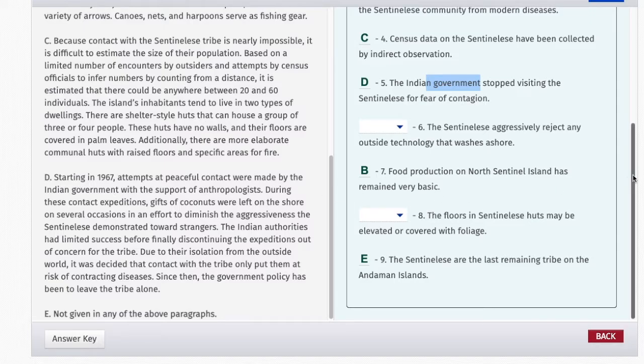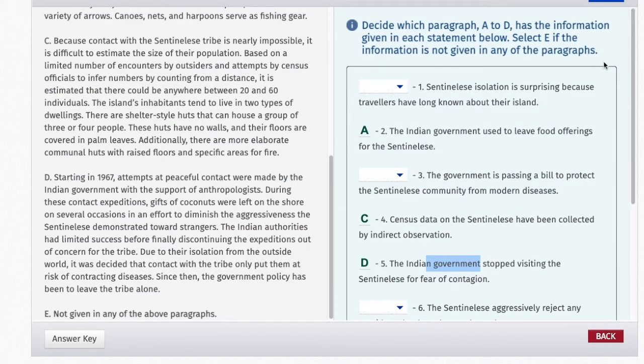So when we look for keywords, it's trying to understand what part of the question makes it different. We're talking here about the isolation and have long knowing, or the government leave food offerings. That's key here. Or in number 3, a bill to protect from modern diseases.